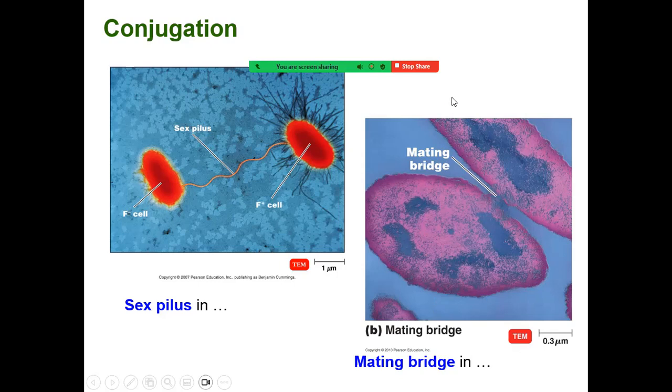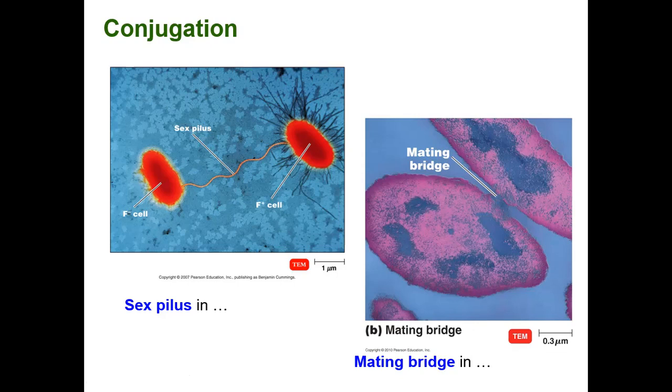So the cell membrane goes that way, and then this way and that way, meaning there's a connection between the cytoplasm, between this cell and that cell, so that plasmids can move, or DNA can move from one cell into another cell. So let's say it moves from this cell into that cell, but in reality, the DNA could move the other way. That's what a mating bridge is, which happens in gram-positive cells. Any question about any of that?